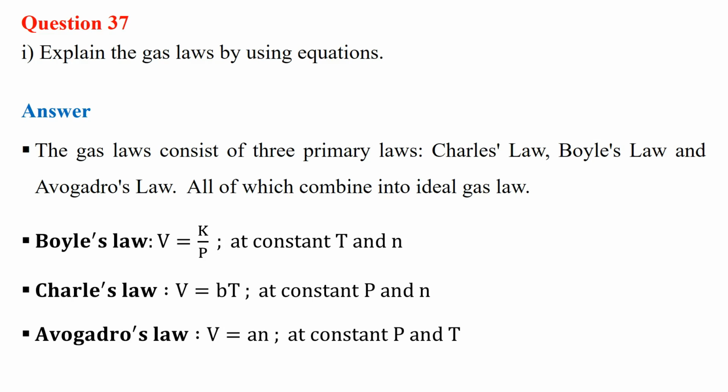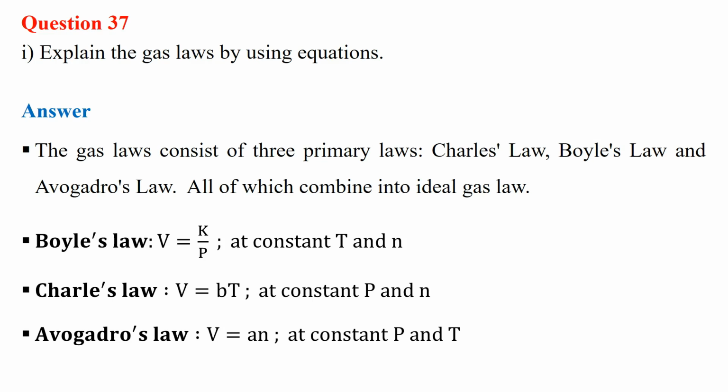Starting with Boyle's law, according to Boyle's law, at constant temperature, the volume has an inverse relationship with the pressure. With Charles' law, the volume is directly proportional to the temperature at constant pressure. So at constant pressure, the volume is proportional to the temperature, and this B is a proportionality constant.